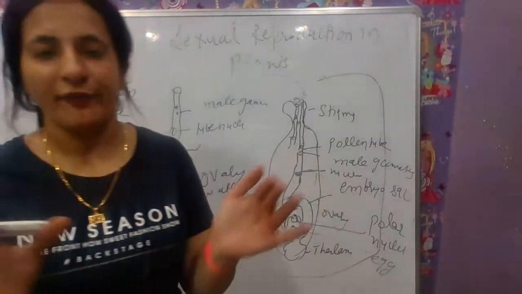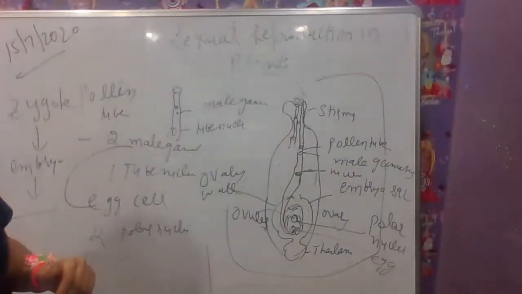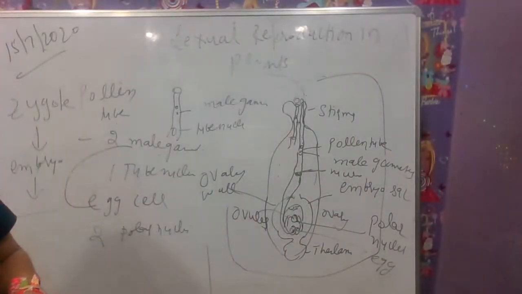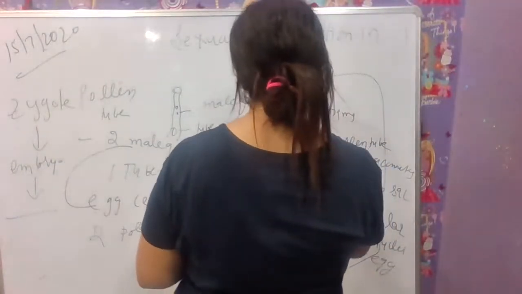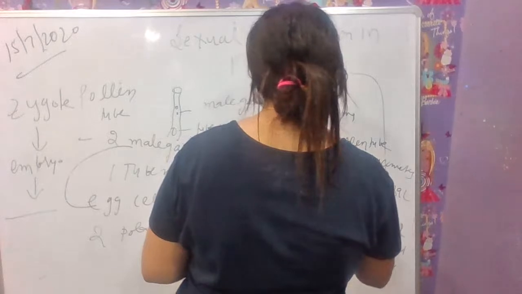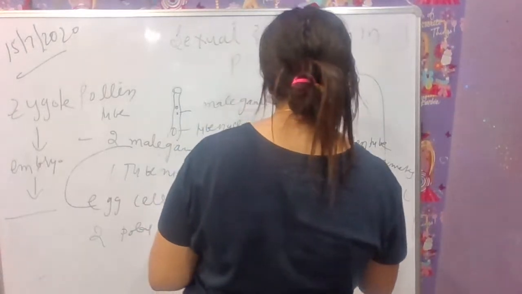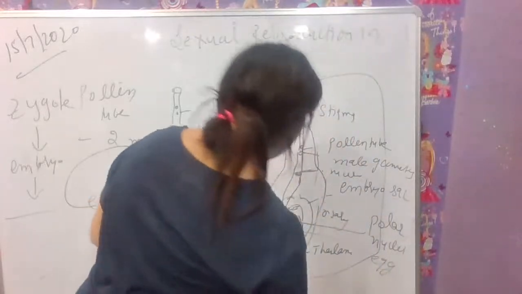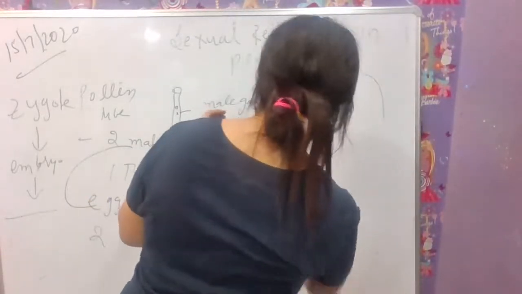This is called fertilization. This is called syngamy. Okay? Let me just make it clear. Draw it again.